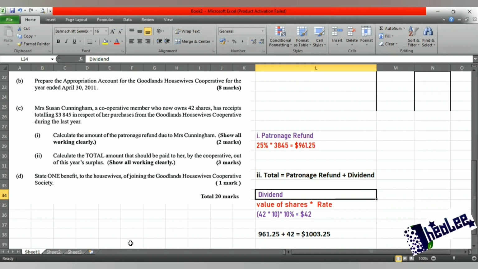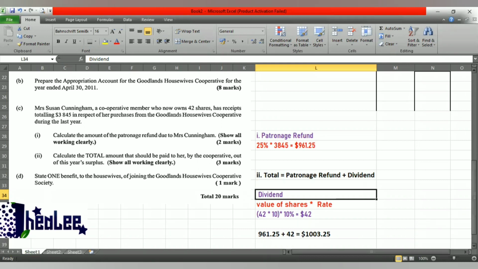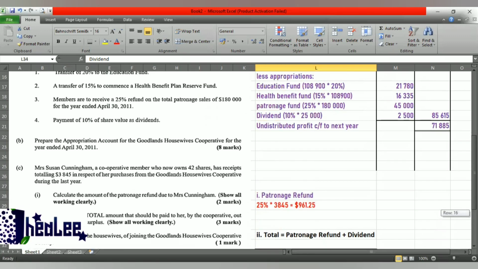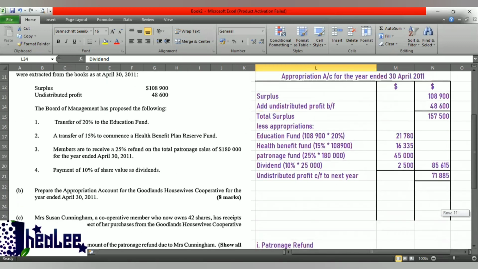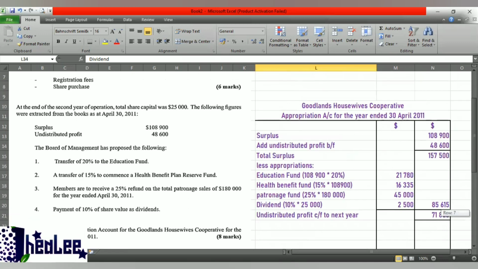One there is that there is sharing of knowledge, skills, and efforts within the business. All profits are shared among the members, and there is limited liability. So that takes us to the end of this lesson in preparing the appropriation account for a cooperative society.